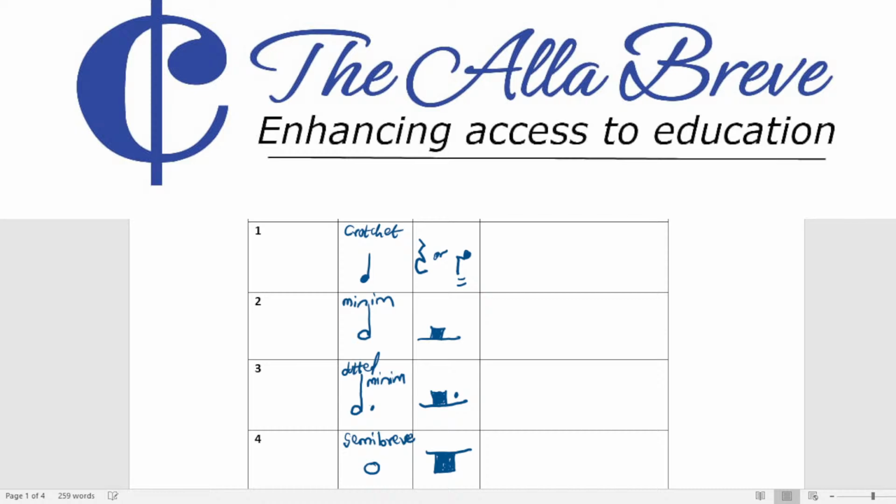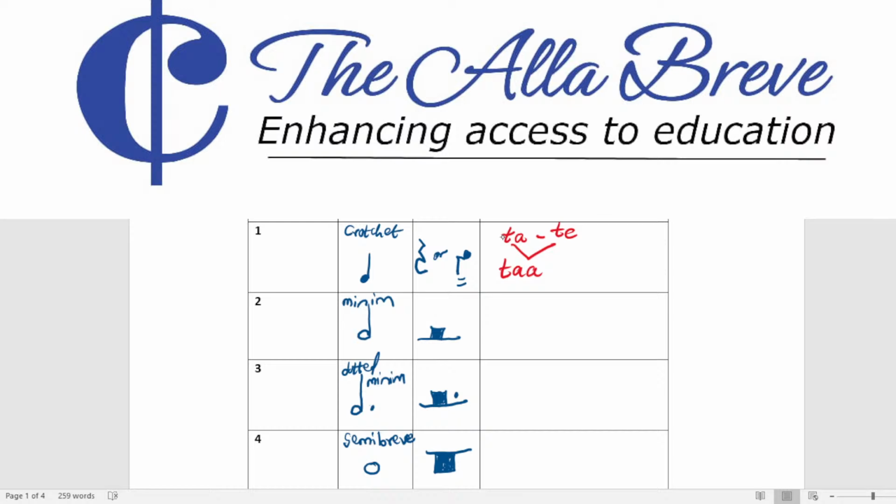The te should take the same time as ta on how long the note should be played. Ta ta te ta ta te ta ta te ta ta te. We're going to work on them in the next section.